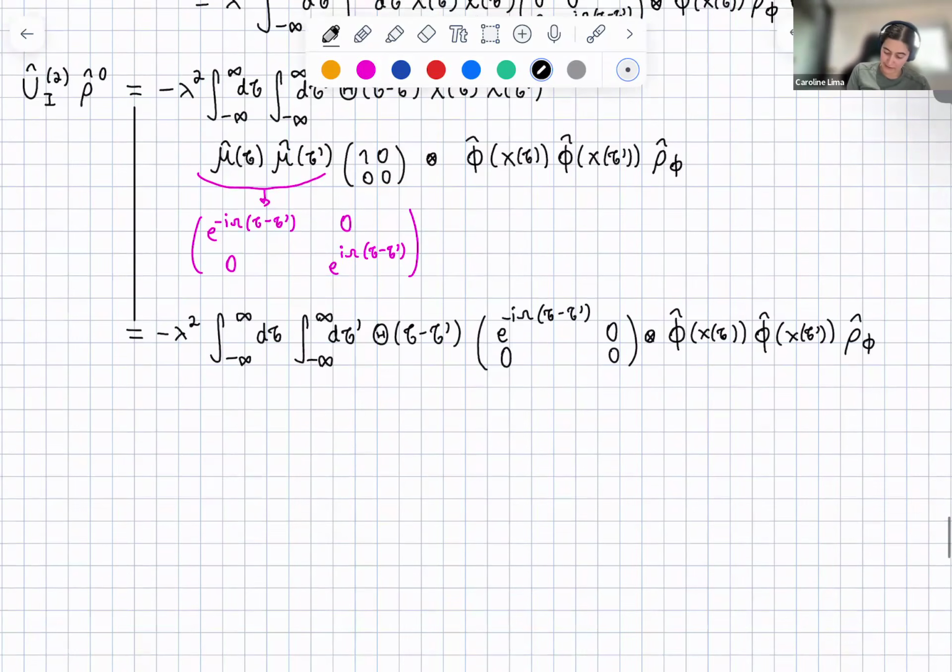Okay. And then, as I said before, if I want to compute the other term, which would be rho 0 U2 dagger, that is simply whatever we computed now, taking the Hermitian conjugate. Okay.